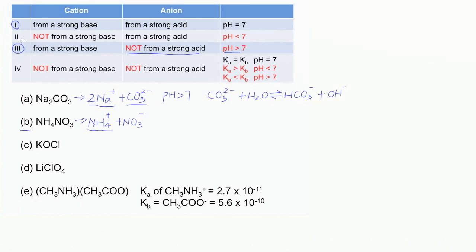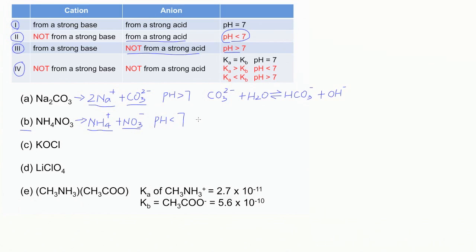So it looks like we should go to either number 2 or number 4. For nitrate, it's from the strong acid, nitric acid. Okay, so it looks like we should check number 2 because nitrate is from a strong acid. Therefore, this salt will give you a pH value less than 7.